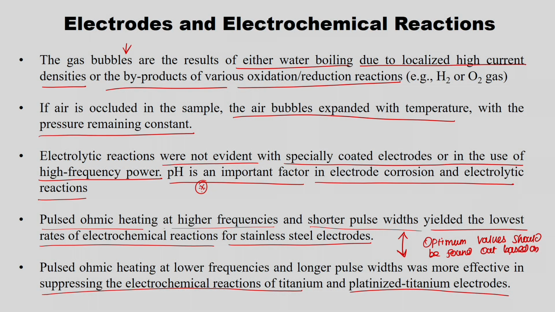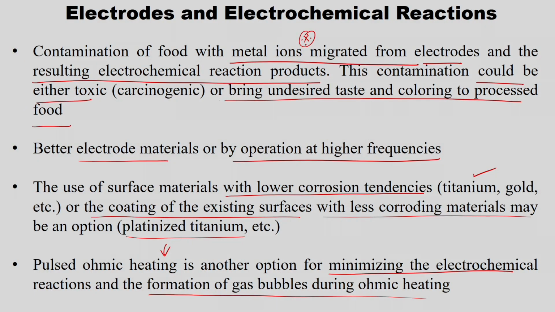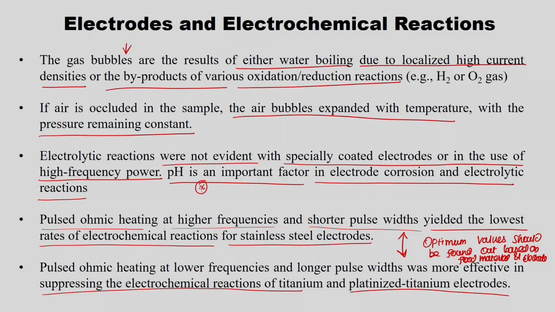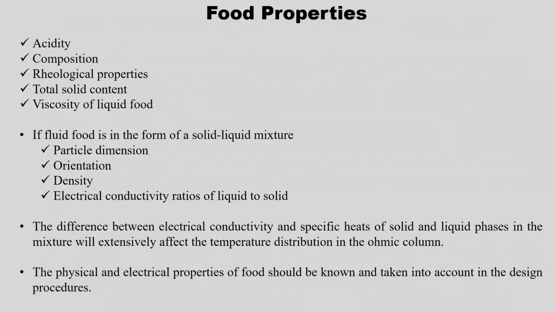Okay, so, we cannot generalize. In general, the better electrode materials at higher frequencies will avoid the electrochemical reactions, but for certain food materials it may not be true as well, right. There are exceptional cases always.